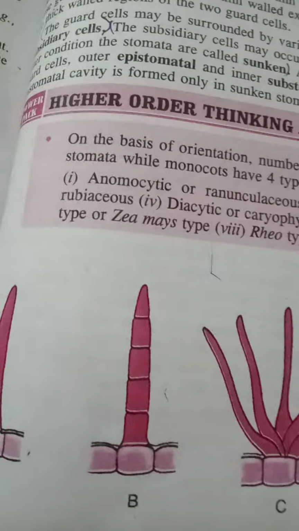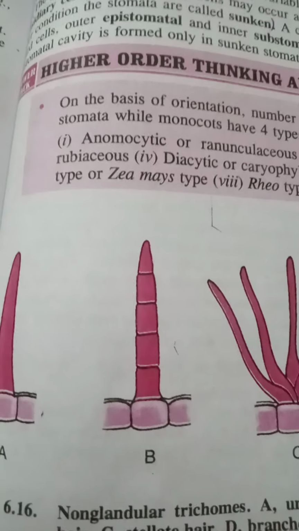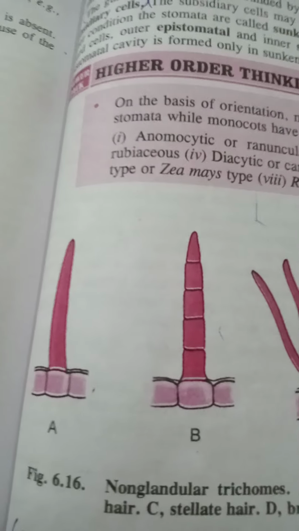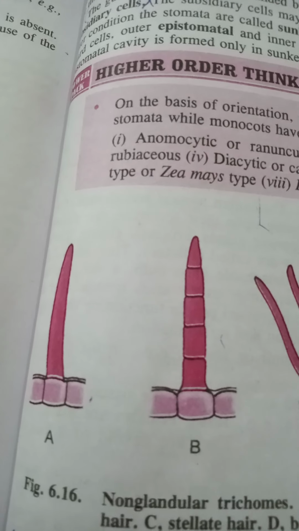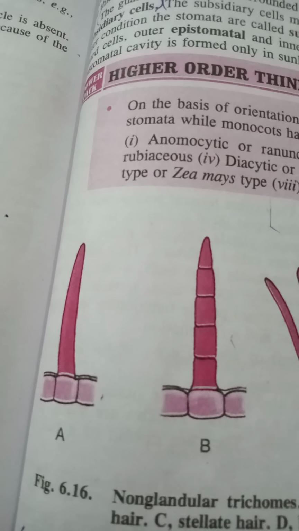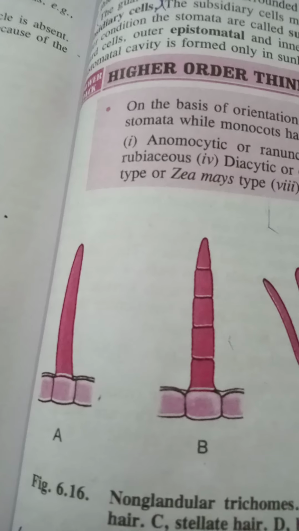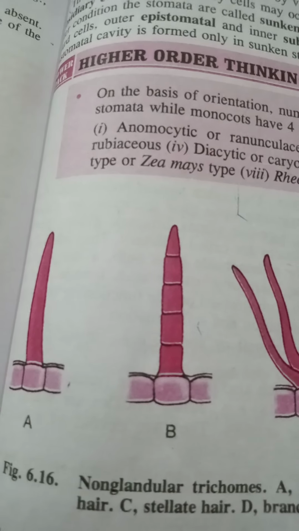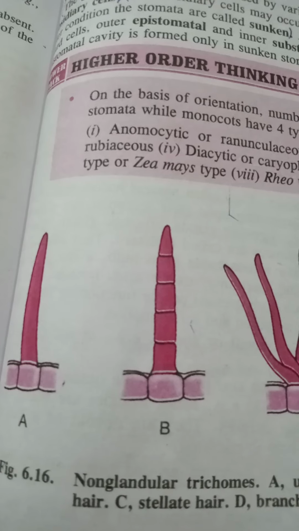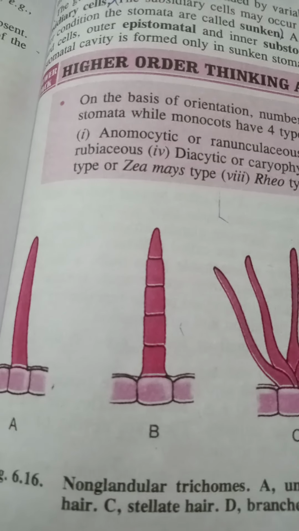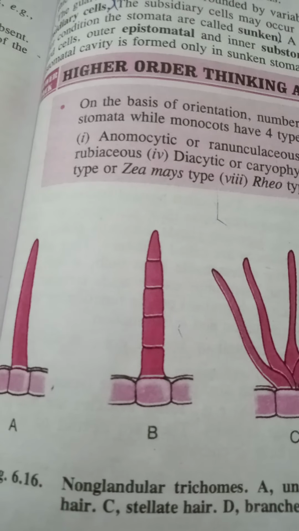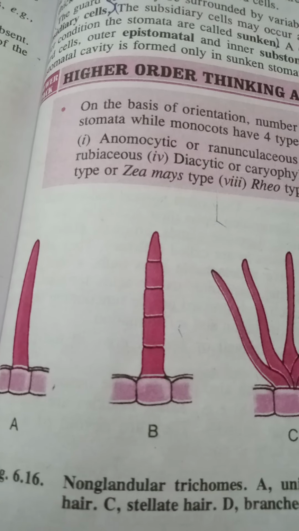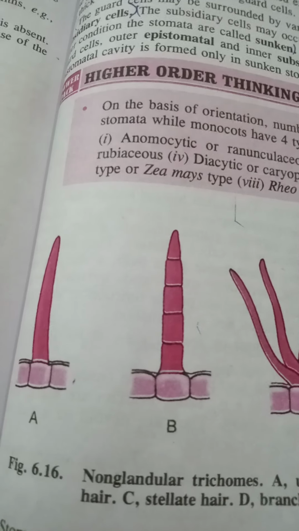Next to stomata are the epidermal appendages. There are different types of epidermal appendages, mainly trichomes and emergences. Trichomes are unicellular or multicellular outgrowths. They are hairs and scales. They may be glandular or non-glandular. The glandular hairs take part in secretion, and the non-glandular hairs form a sort of air trapping mechanism which reduces the rate of transpiration.